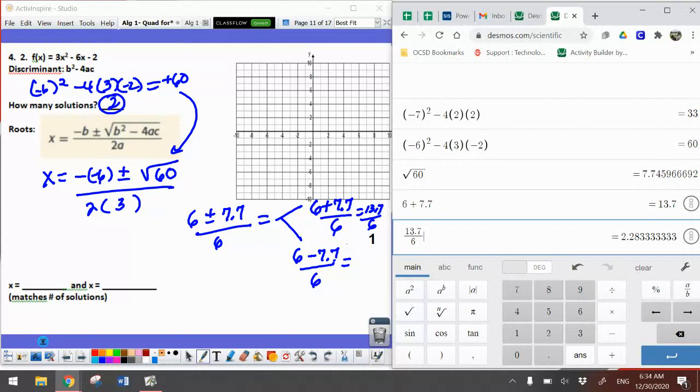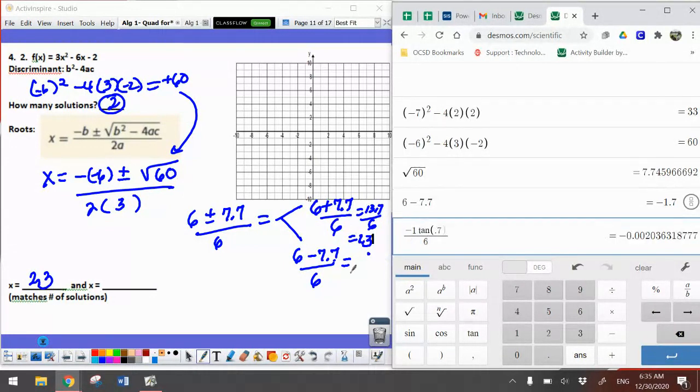Okay, so the first one is 2.3. That's this one. All right, now let's change this to minus. And I get negative 1.7. And I can change this to negative 1.7, and it's going to give me negative 0.3.